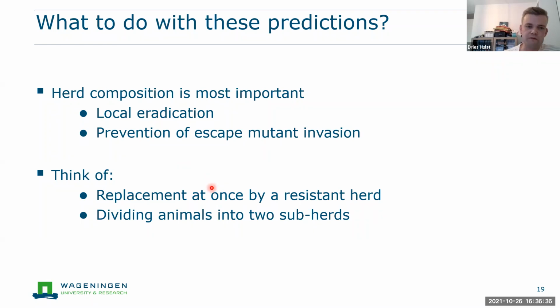And when that's more difficult, you can also think of creating subherds, so that you have one herd in which the resistance is high enough to eradicate, so that there will be no infection at all. And in the other herd, the resistance is so low that you are on the safe side of the invasion window. But then, of course, it's very important that these herds are strictly separated and that there's no risk of spreading pathogens from one to the other, because then you still might run into problems.